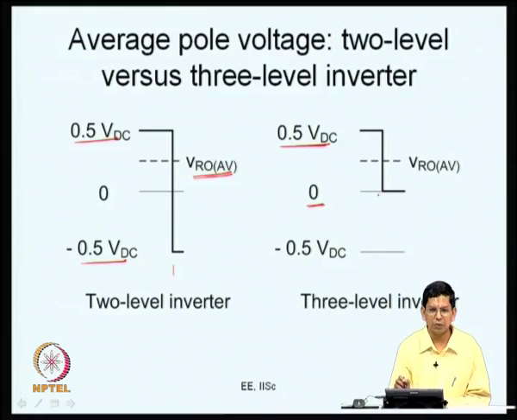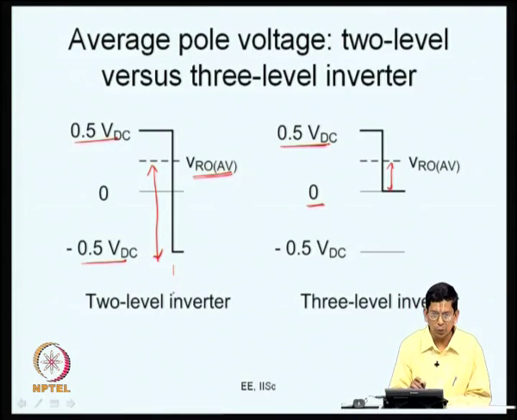So, the difference, as we pointed out earlier, is that in a 3-level inverter you are able to realize a certain average voltage by applying instantaneous voltages which are closer to the average voltage desired. The worst case error between the actual applied voltage and the average voltage is pretty high here, whereas it is low here. So, this leads to better performance in terms of harmonic distortion, in terms of the quality of the waveform that is synthesized.